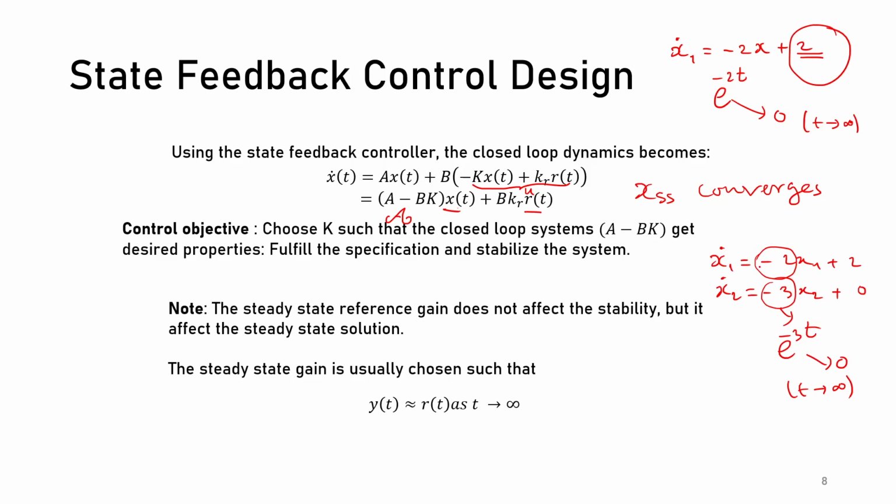But if you write it in matrix form, you have h1 dot, h2 dot equal to the matrix minus 2, 0, 0, minus 3, times h1, h2, right?